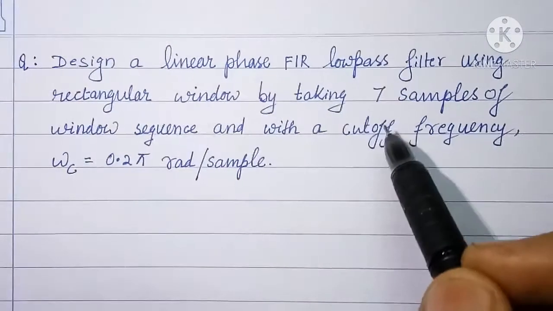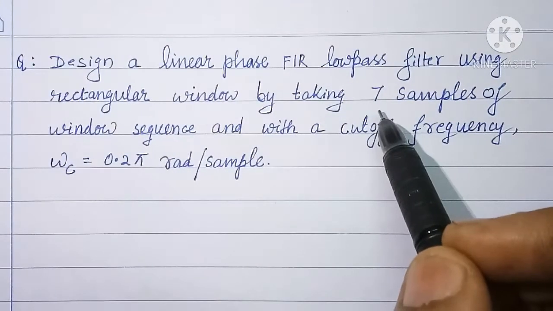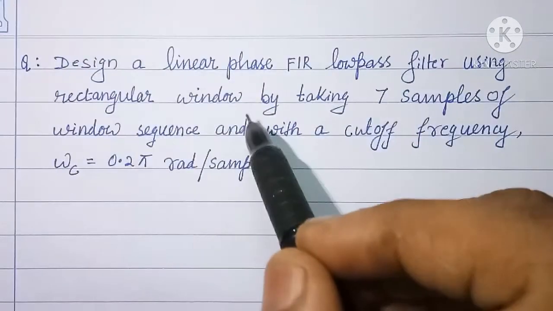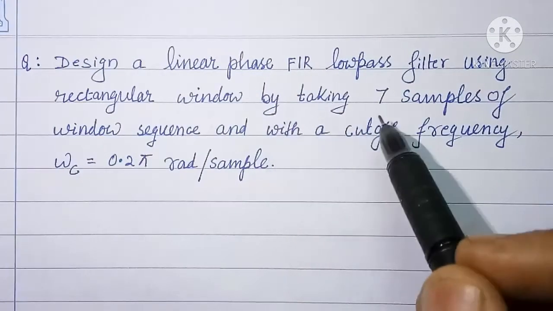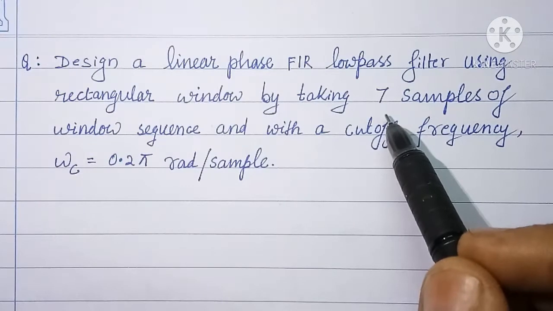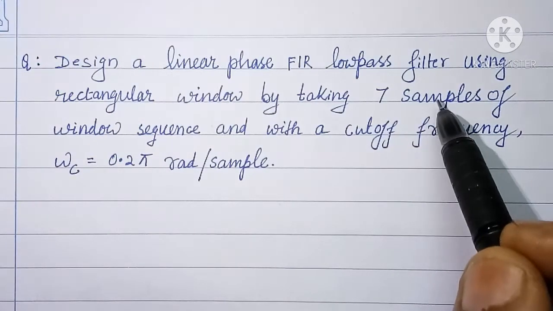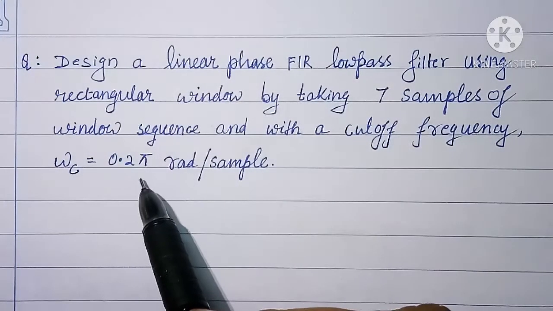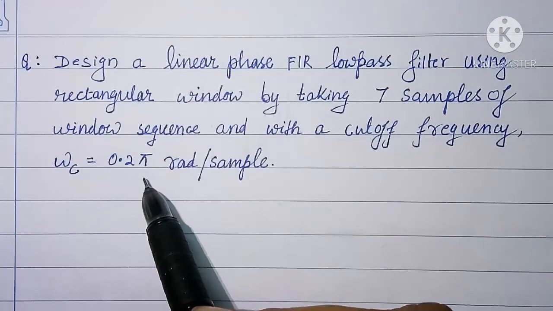So in this question we have to make use of a rectangular window of length 7 samples, and the cutoff frequency is given as 0.2 pi.